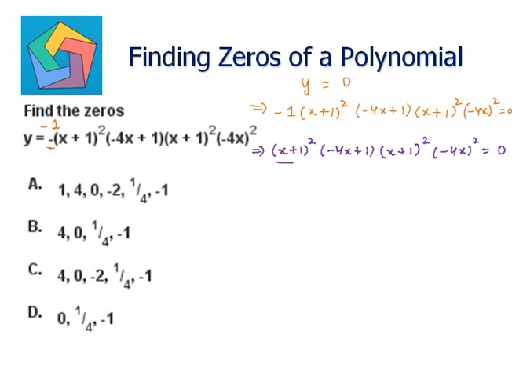(x plus 1) whole square is a repeated factor. I can say (x plus 1) raised to the power 4 times (negative 4x plus 1) times negative 4x square is equal to 0. We could say this is to the power 4 because by the law of exponents, x to the power a times x to the power b is equal to x to the power a plus b.